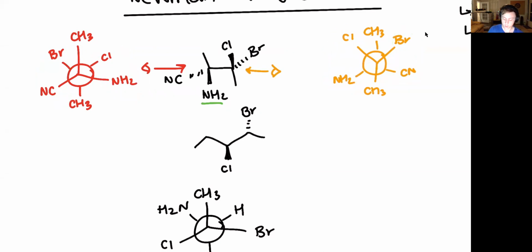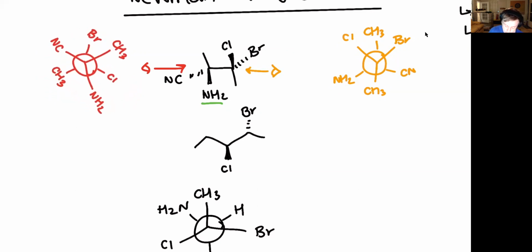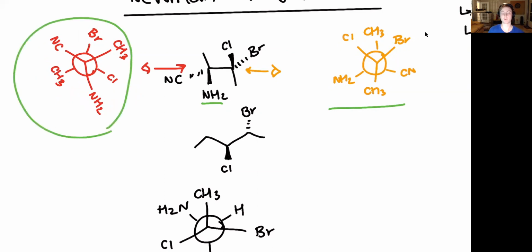And one more note, because I think sometimes people get a little bit confused: if we take this entire thing right here, we can almost rotate it so that it looks like this, where we have almost the front carbon being a Y. And if we have something like this as our answer, that will also be correct, because going back to what makes a molecule identical, we didn't really change anything.